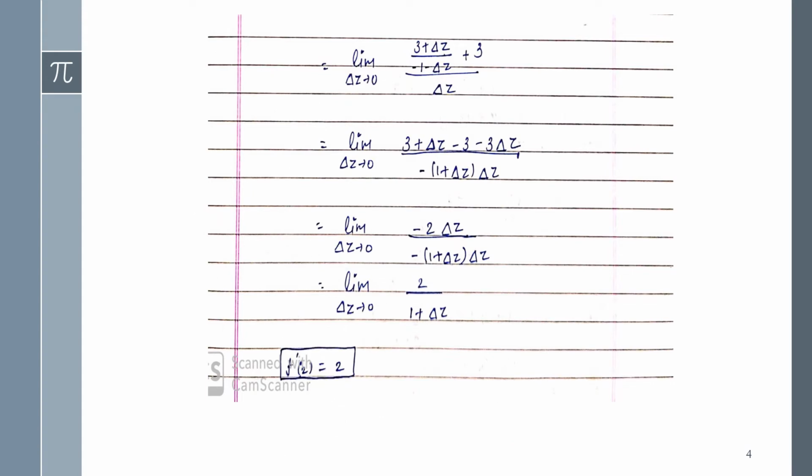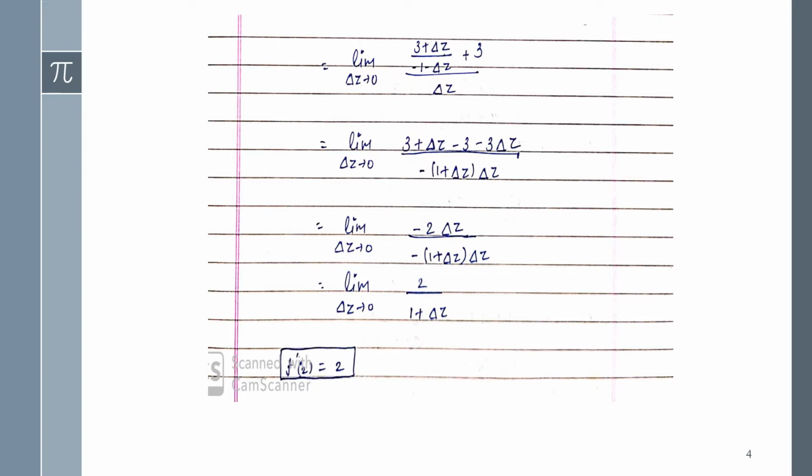Opening the brackets, you can write this limit as it is, 3 plus delta z over here, and here we have to subtract, so 1 minus 2, that is minus 1 minus delta z. In the upper part 2 plus 1, that is 3, and the denominator will be minus minus plus, that is 3. So from now you have to just simplify the terms, and the denominator delta z will be as it is.